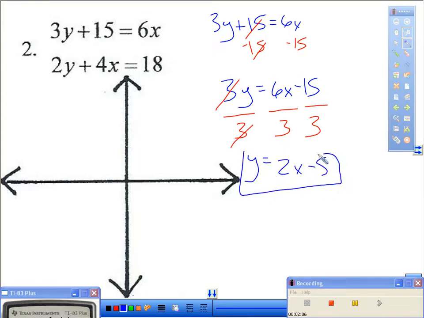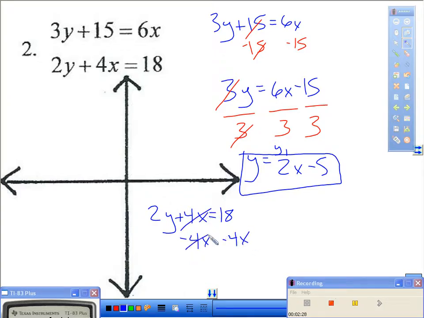So once we've gotten that equation solved for y, we're ready to enter that in y1. Then we need to take our second equation and solve it for y as well. So that's going to look like this. 2y plus 4x equals 18. We need to get rid of the 4x on the left by subtracting it to make these terms add together to equal 0.